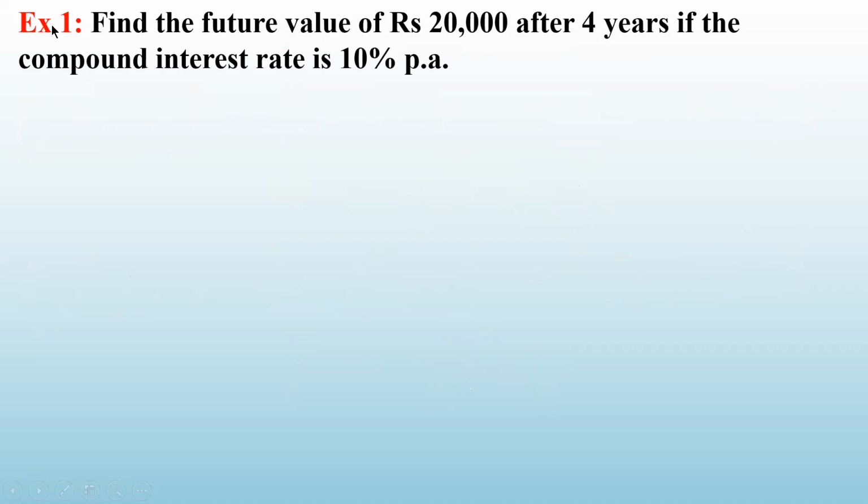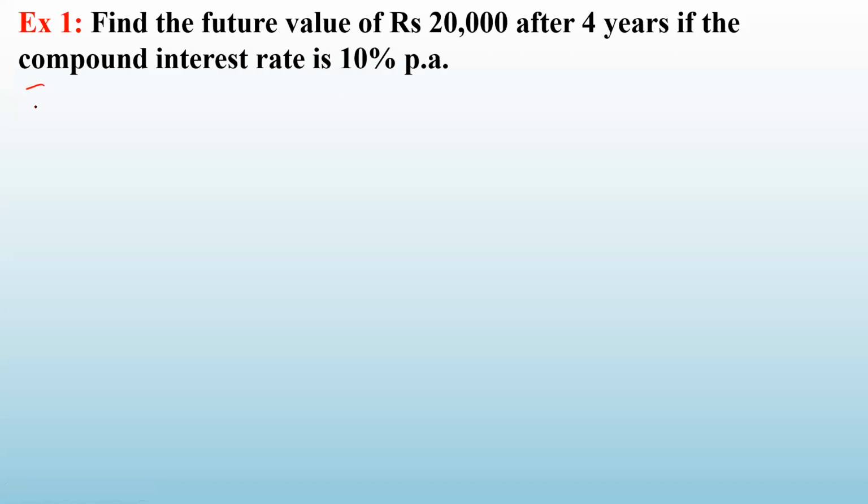Now let us solve some simple problems. Find the future value of rupees 20,000 after 4 years if the compound interest rate is 10% per annum. So this 20,000 is the present value, and you have to find out its future value after 4 years.